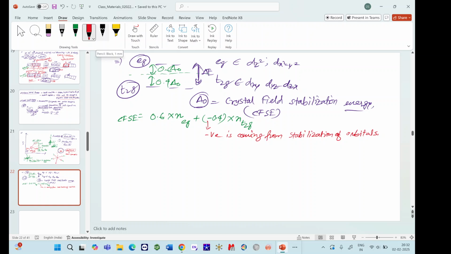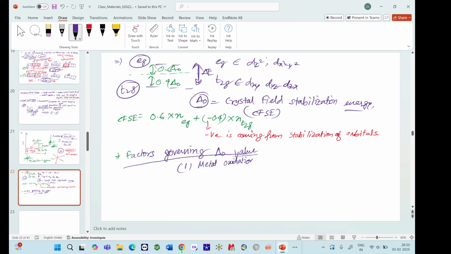Now, what are the factors governing the delta O value? One is the metal oxidation state.